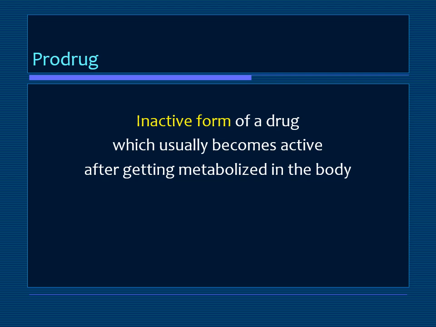Usually we are using the substance in the form of a drug, but there are some examples where, instead of the drug, we are using them in a prodrug form. So if we use it in the form of a prodrug and give it to the patient, inside the body it gets metabolized and then converted into the active form, that is, converted into the drug.